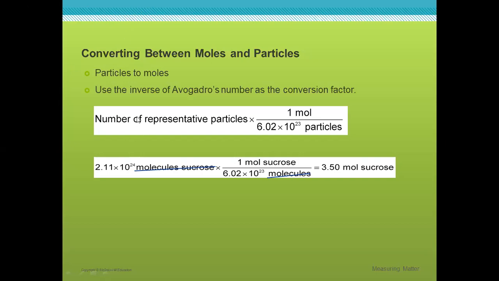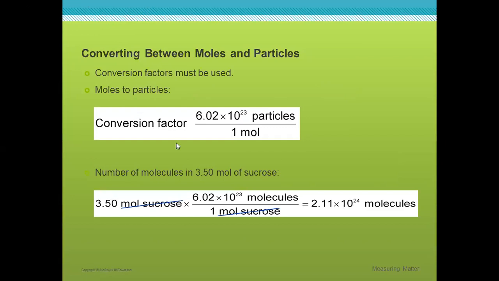So we said before, to convert moles, how can we get number of molecules? Number of molecules equals number of moles times Avogadro's number.